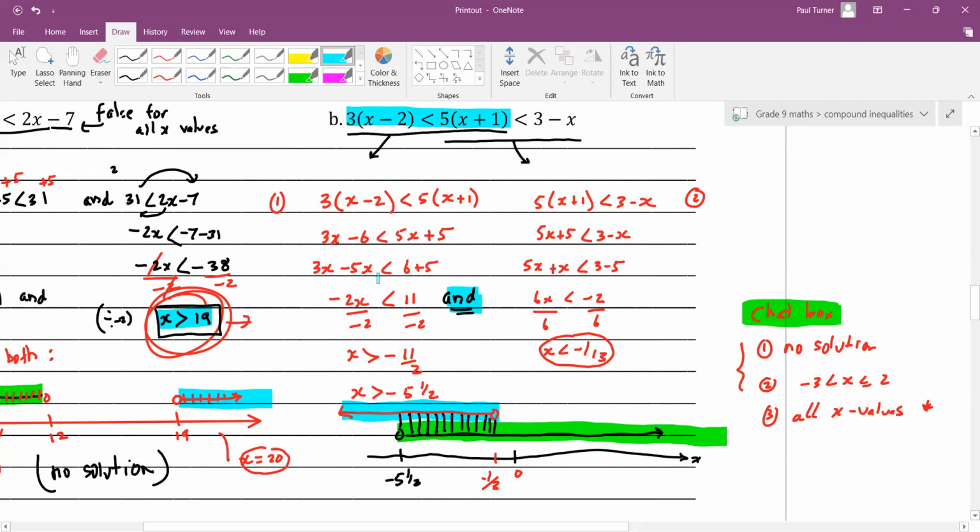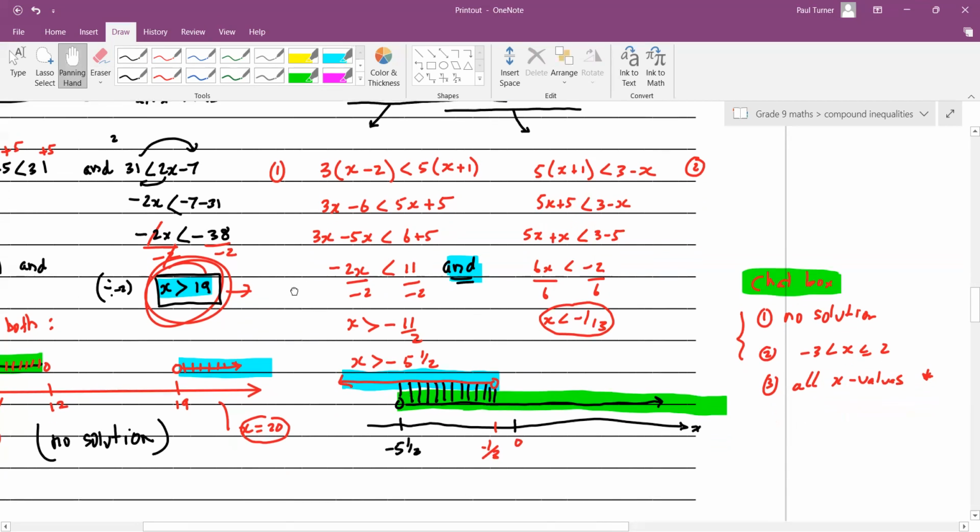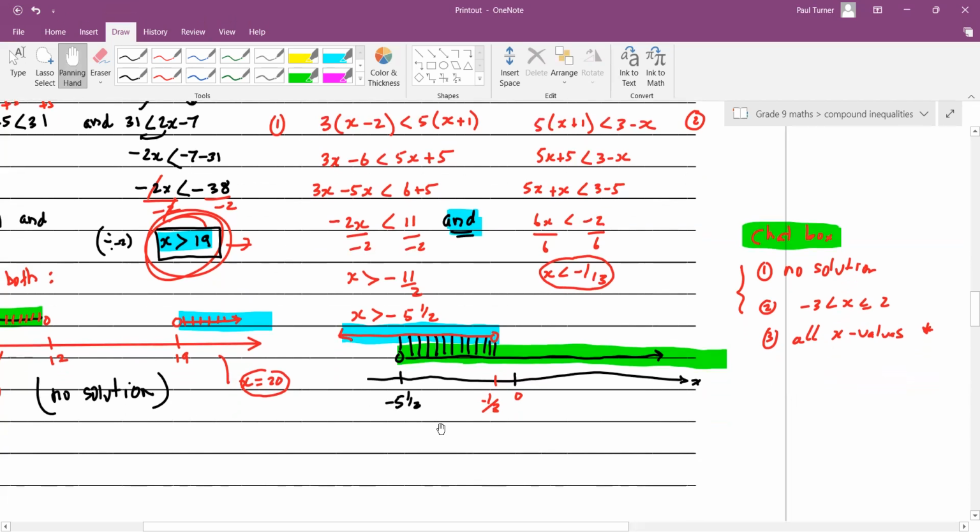So any number between minus 5 1/3 and minus 1/3 will be true for both equations, right? These numbers make both equations true. So only these numbers, you can take notes, only these numbers make both equations true.